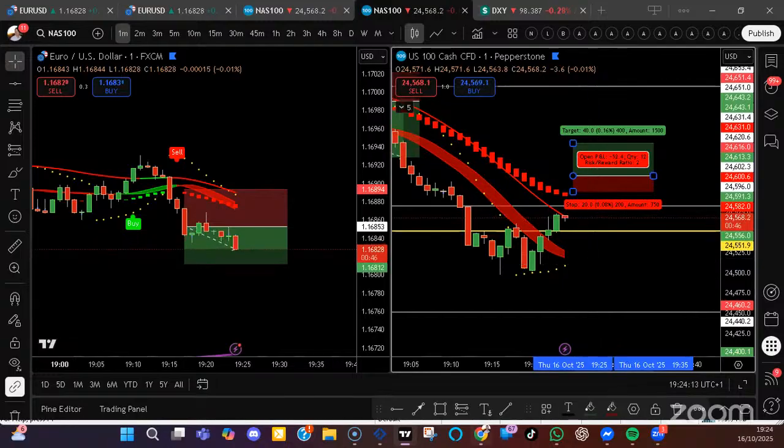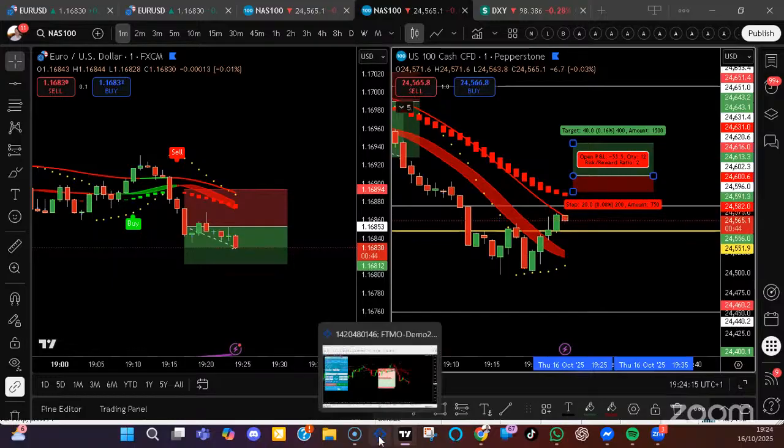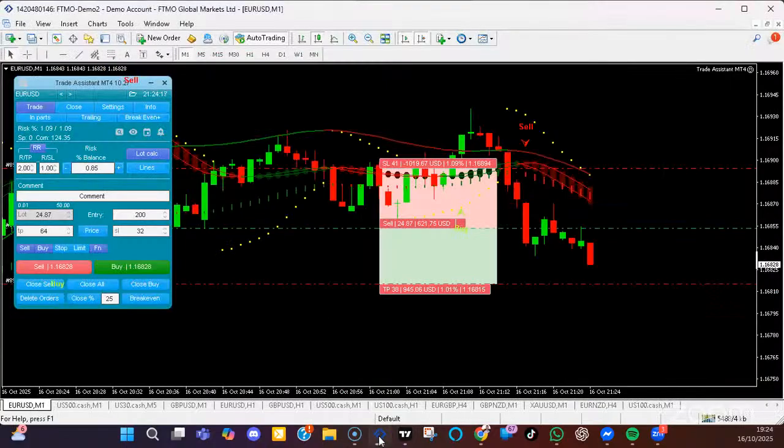But hey, hopefully I might be getting my 1% from it. I'm still keeping an eye on the NAS100, as hopefully we watch the EUR USD come in for 1%. And if that does happen, I won't be taking a trade on the NAS100.